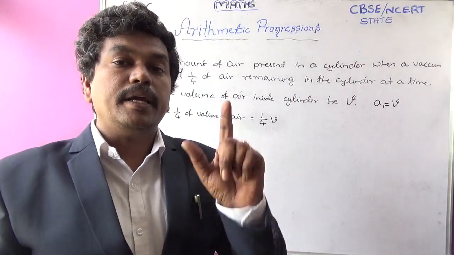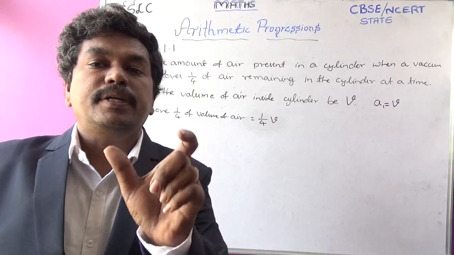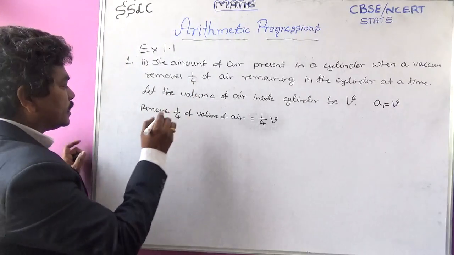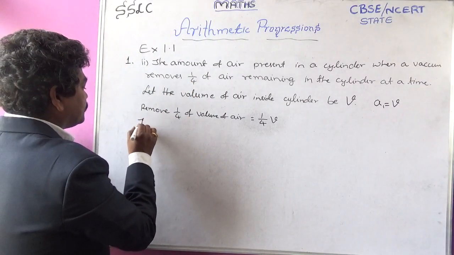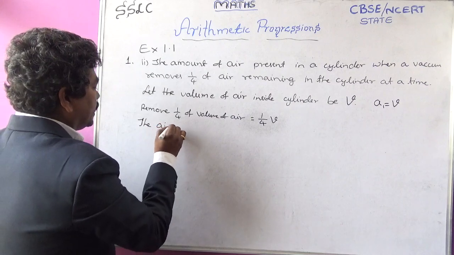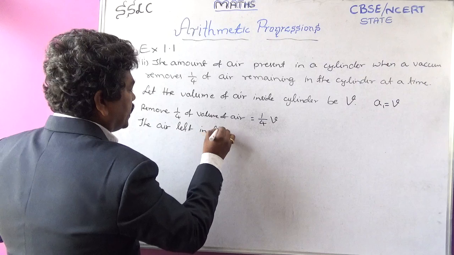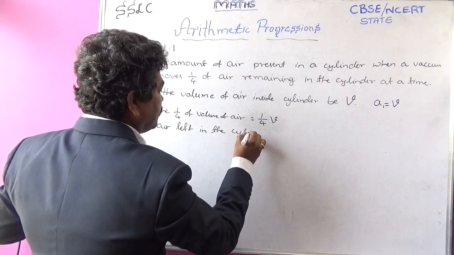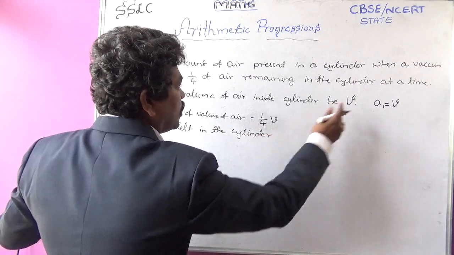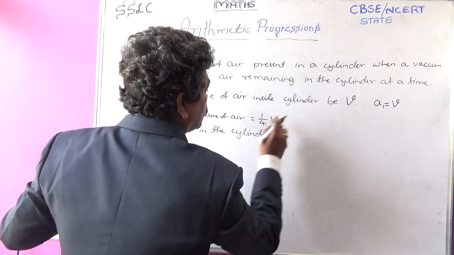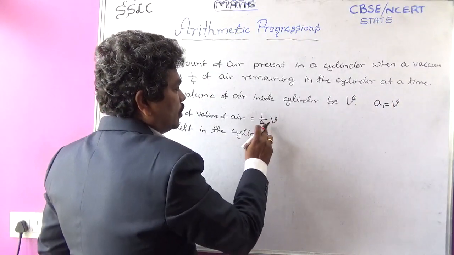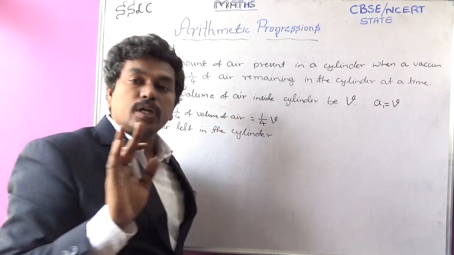What is the amount of air left in that cylinder? You calculate that one. The air left in the cylinder. So you have to subtract the removed volume of the air from the total volume.